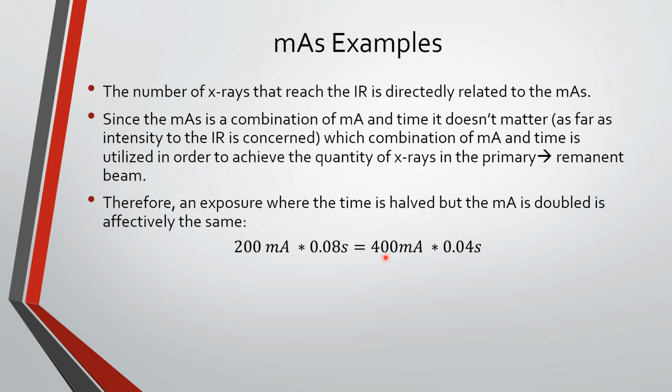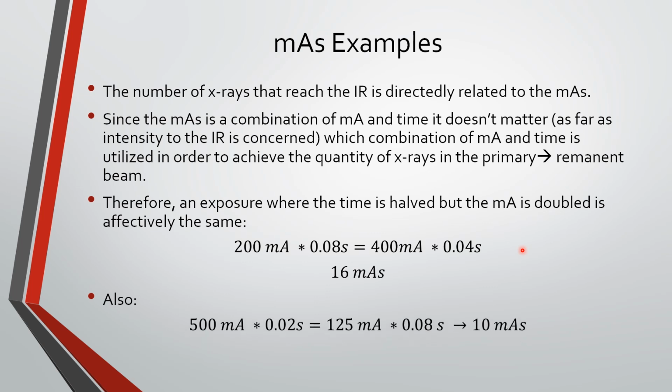You can change this to 400, so you doubled the MA here, and you halve the time. Both of these are exactly equal. They're both 16 mass. You can multiply these two out, and you can see that's true.